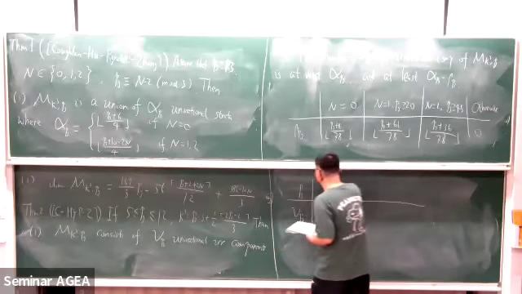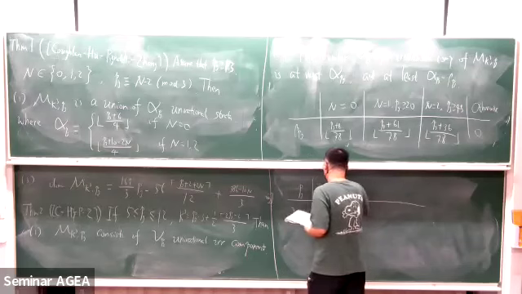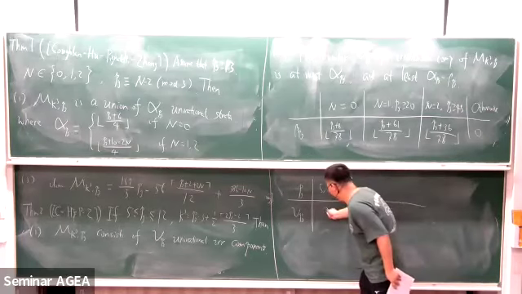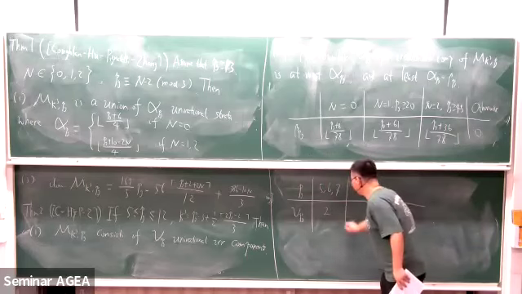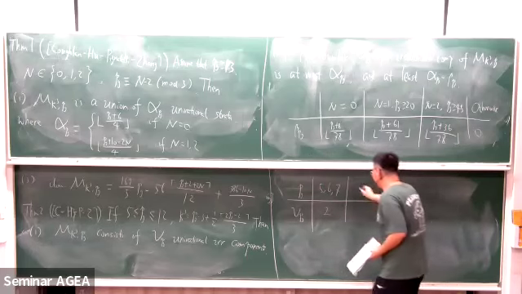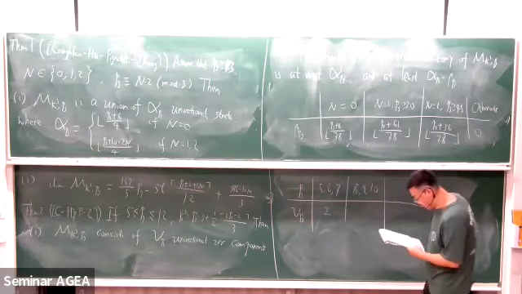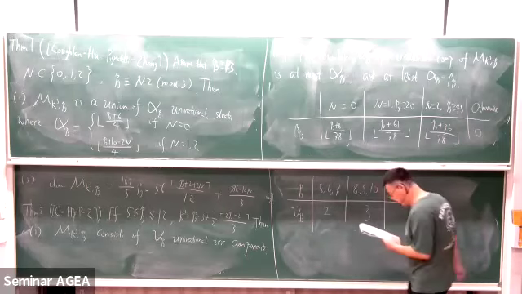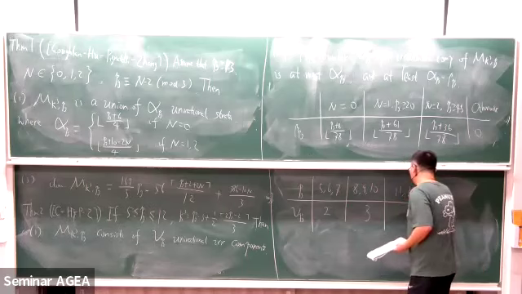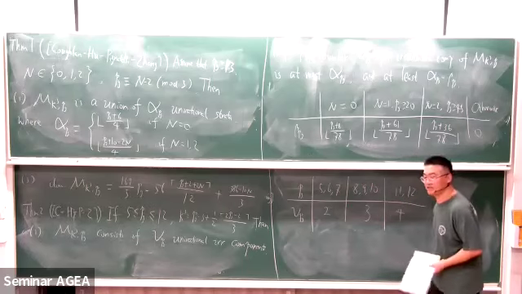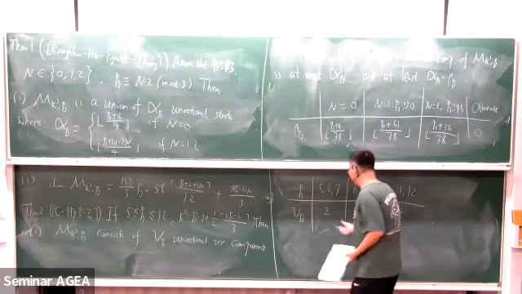When PG is 5, 6, or 7, the number of irreducible components is 2. And when PG is 8, 9, 10, the number of irreducible components is 3. And when PG is 11 or 12, the number of irreducible components is 4. So this number is small.